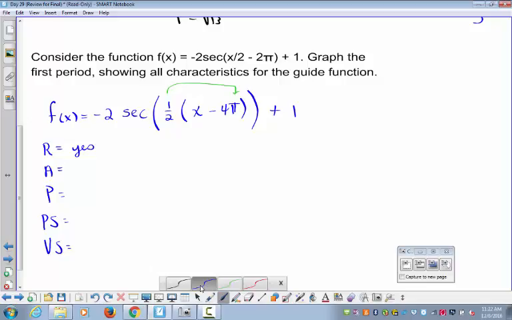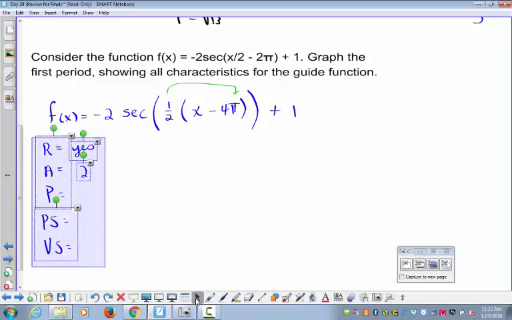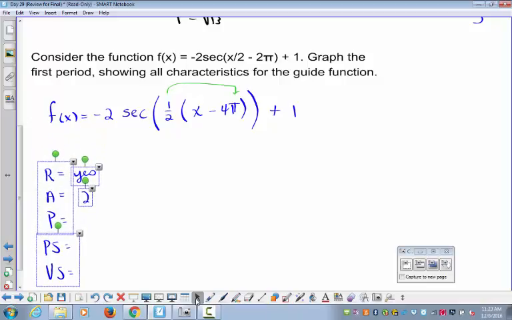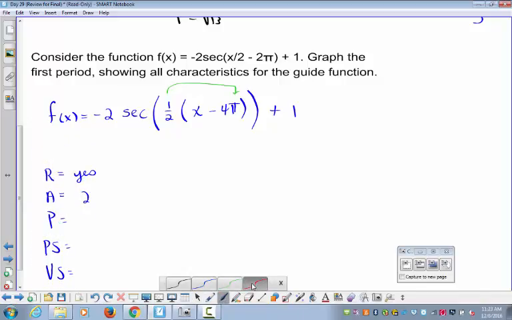How about amplitude? You have to be super careful here. Let's put a 2. And that 2 is the amplitude for the guide function, not this original function here. I should probably write the guide function down before we continue, just to make that clear.